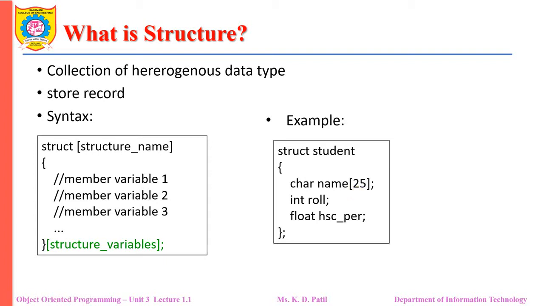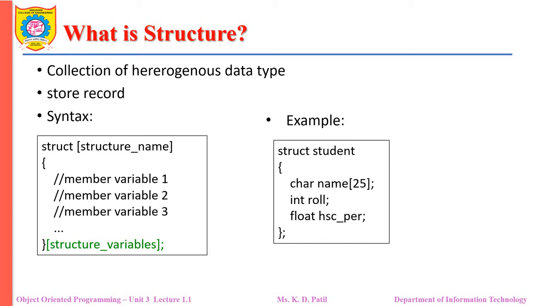Now here I have a collection of heterogeneous data types, and when that collection of heterogeneous data types is a structure, then the size required will be the addition of the sizes of all the members. So the total size required to store a single student record will be 31 bytes: 25 for character, 2 for roll number, and 4 for HSC percentage.